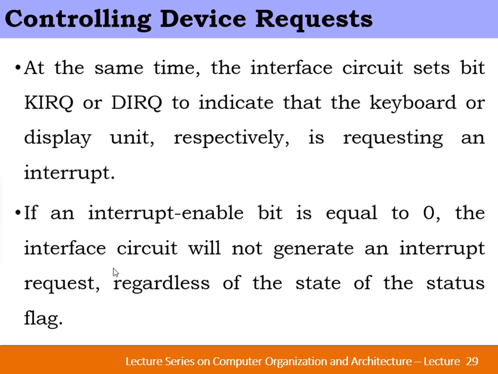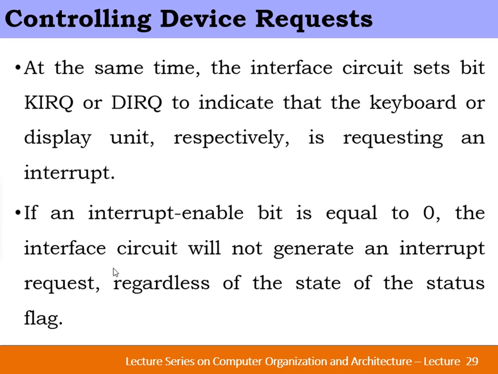That is, whenever either of the enable bits, KEN or DEN, is equal to 0, then even though the SIN flag and SOUT flag might be set to 1, that is, even though the IO devices are ready, since an IO device can become ready at any time, they may or may not be involved in the generation of an interrupt request.